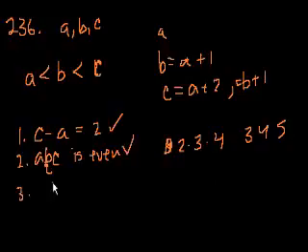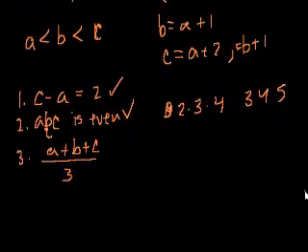Statement 3. a plus b plus c over 3 is an integer. Well, let's think about it. Even if we were to take 3 plus 4 plus, no, that works. 2 plus 3, well, that works.